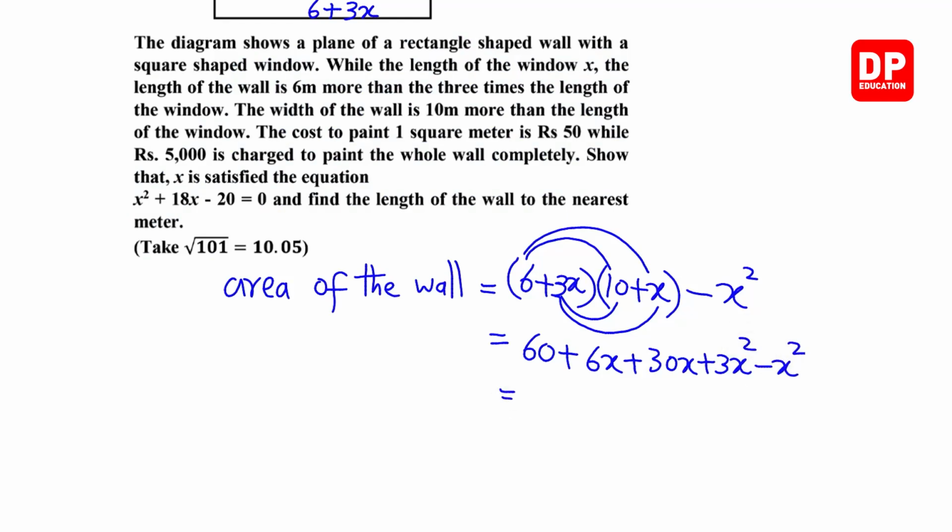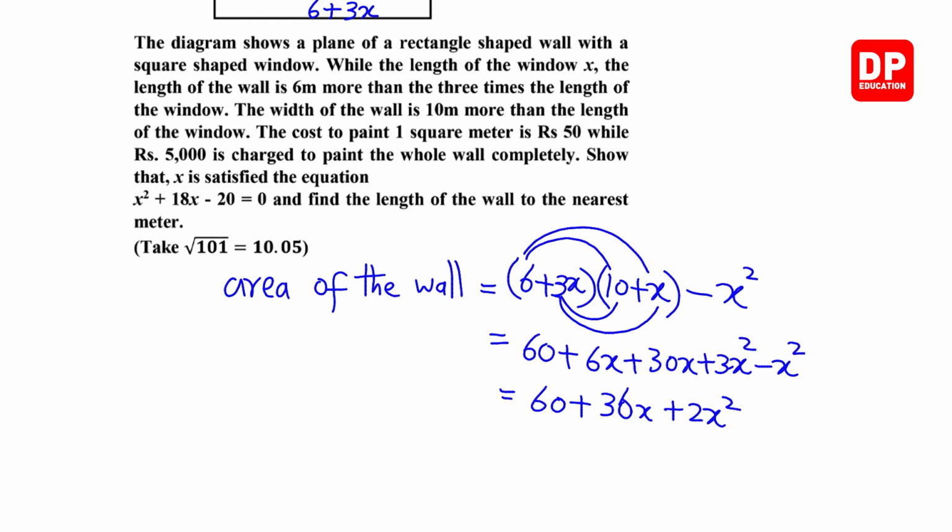So what you get? 60. 30 plus 6, 36x. 3x squared minus x squared, that's 2x squared. So that's the area of the wall.